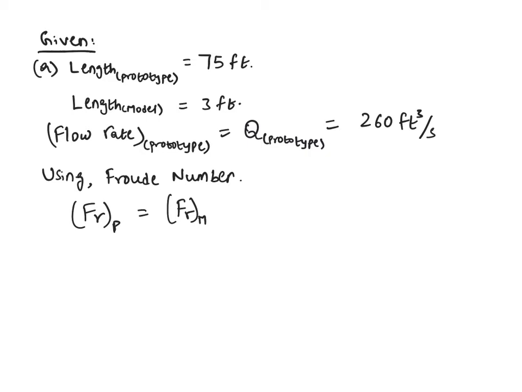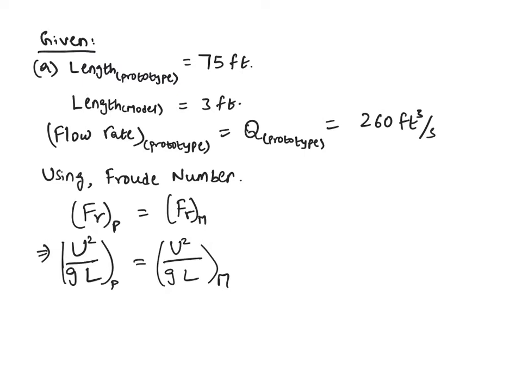We have written it like this: Froude number is represented as U squared upon gL, whole of P, is equal to U squared upon gL, whole of M. That can be written as U squared P divided by gP LP is equal to U squared M divided by gM LM.